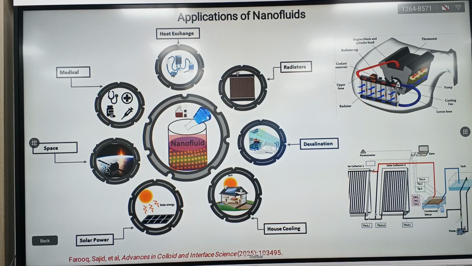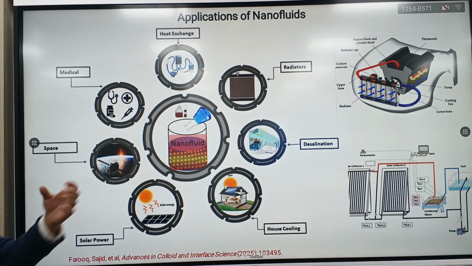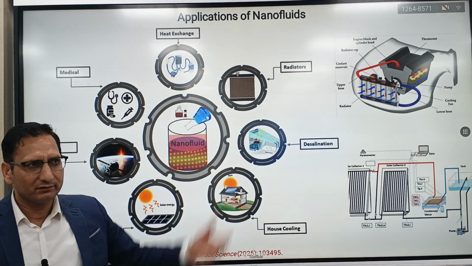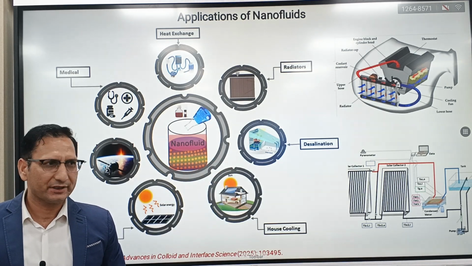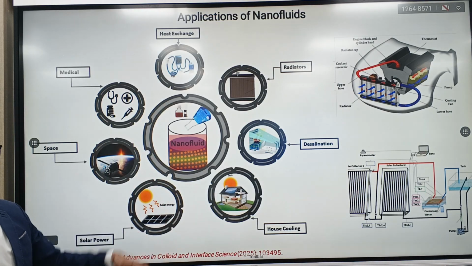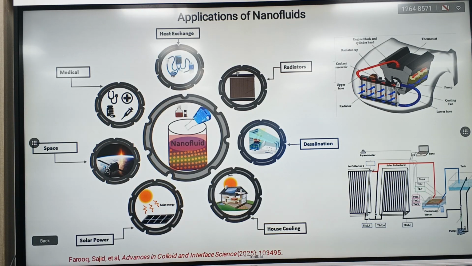We see car engines that heat up so quickly, so people use nanofluid in car engines to absorb the heat. For desalination, we clean ocean water for drinking. For housing, many people use nanofluid to heat kitchen water and bathroom water. So it has a lot of applications.